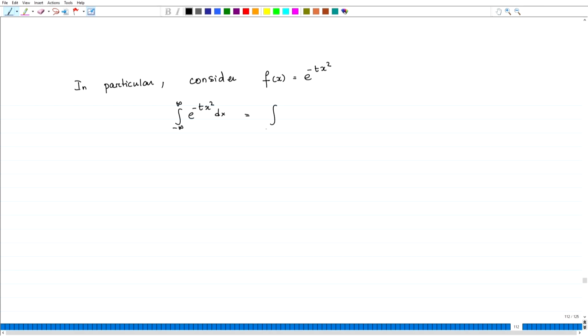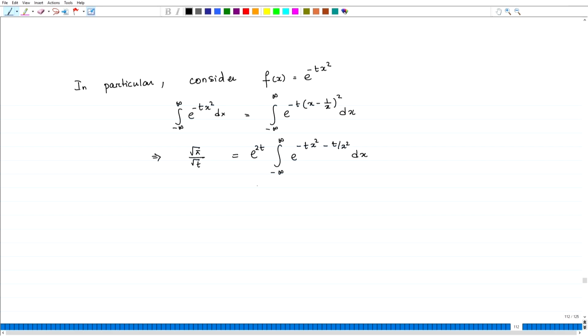This is equal to the integral from minus infinity to infinity of e to the power minus t (x minus 1/x) whole square dx, and we know that the left hand side is square root of pi by square root of t, and then the right hand side is e to the power, this is minus 2t, e to the power 2t is going to come out, the integral from minus infinity to infinity of e to the power minus t x square, and then minus t by x square dx.